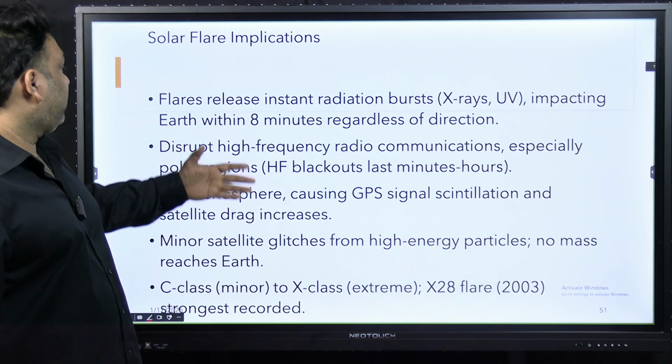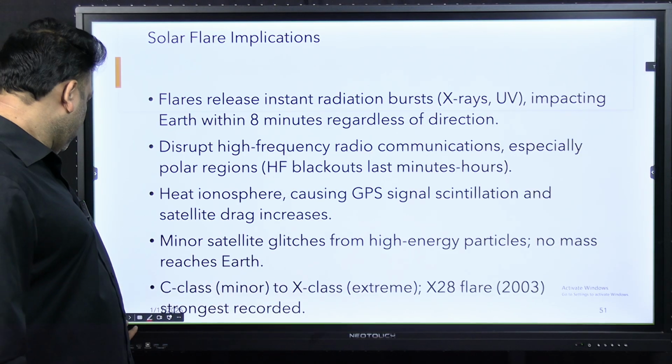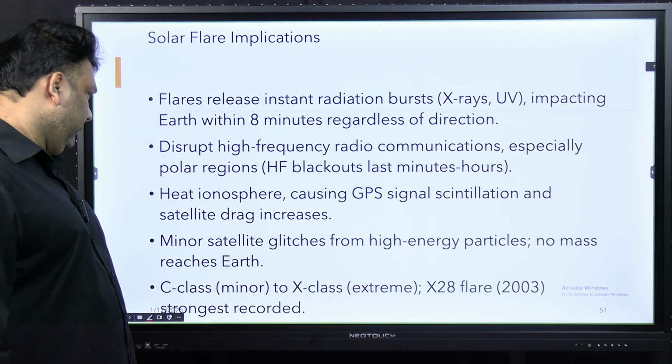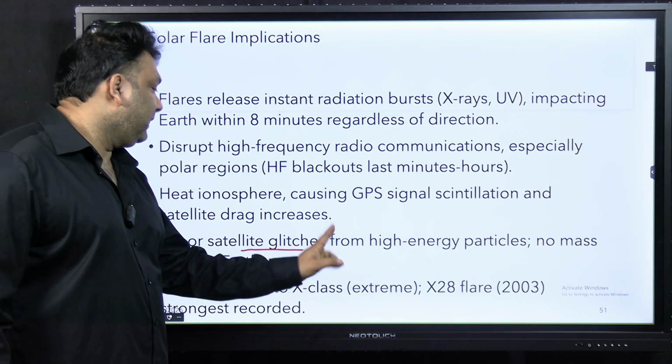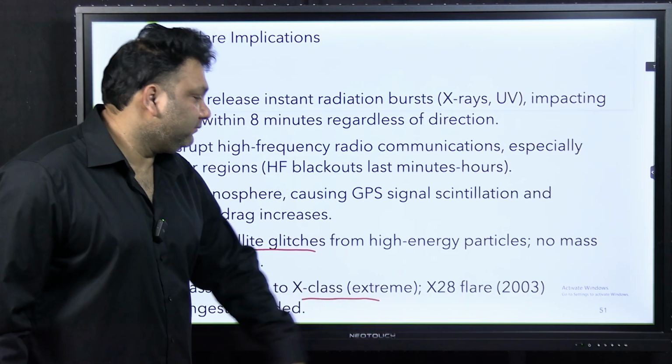So the implications of solar flares: again, we have discussed this. GPS signals can be disrupted. Minor satellite glitches can happen, right? Of course, the X class is more extreme.